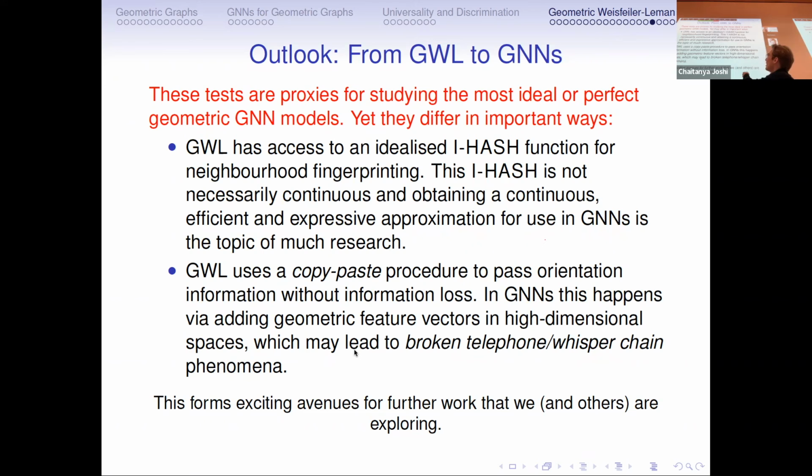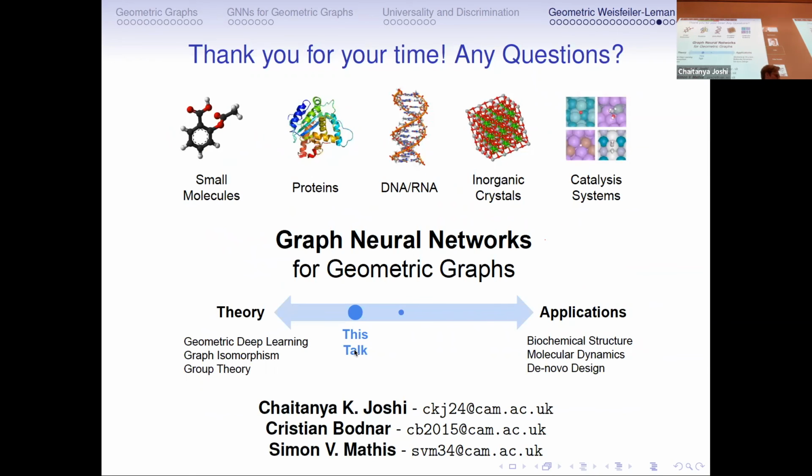It takes a stab at finding an implementable version of this I-hash function, which in the unnested version that we present is not a continuous function, but does need to be continuous for some of the molecular dynamics they need it for. These are exciting avenues for further investigation that we and others pursue, and I'll give over to you for the conclusion.